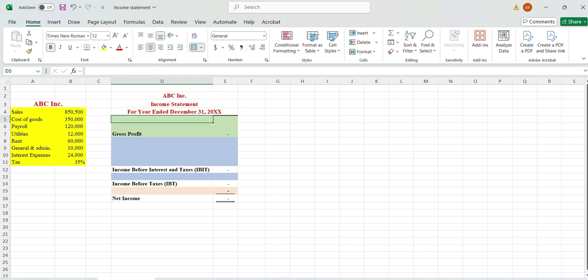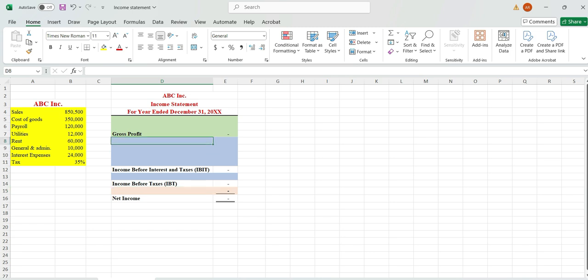The highlighted green portion represents where we're going to put the sales and cost of goods sold. You don't have to have these colors, I just put them in for instructional purposes. On the light blue, we have where we can include the expenses. Down here, we're going to put the interest expense, and here the taxes.